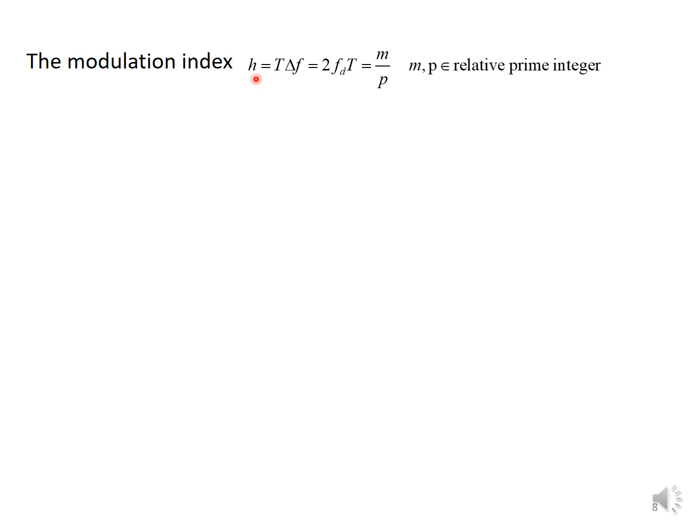This modulation index h is just a number, because it is the symbol time times the delta frequency, and so h is a fractional number, m over p, where m and p are relatively prime integers.